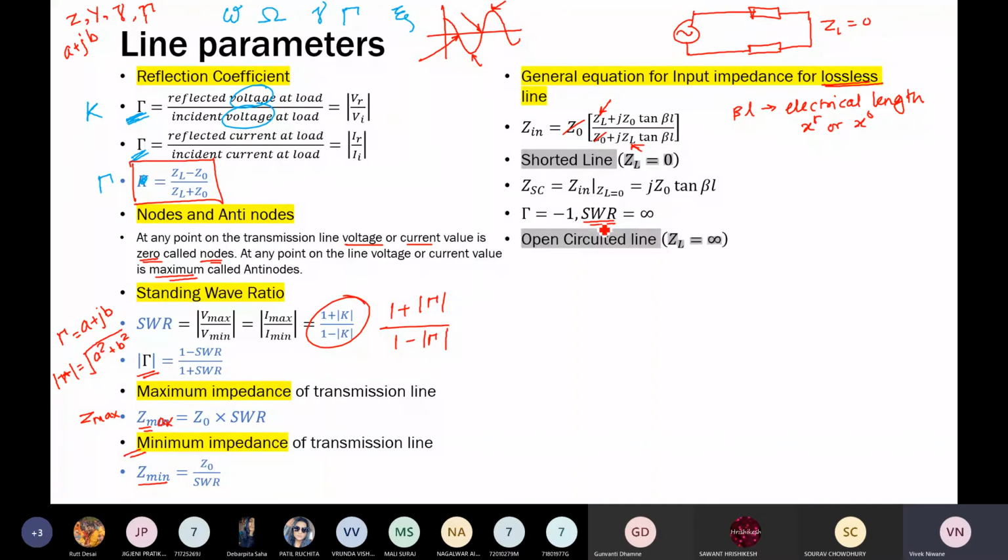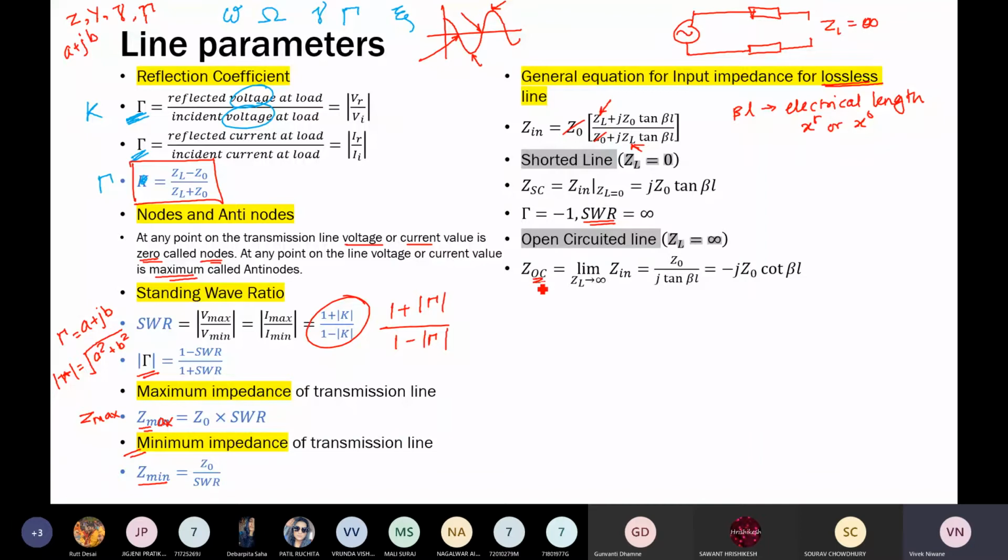Then what if we have the open circuited line? That means now we have a transmission line which is in the open circuit state. Here the load is not connected but kept open. ZL is equal to infinity. Put the value into the formula of Zin and we will get the Z open circuit.